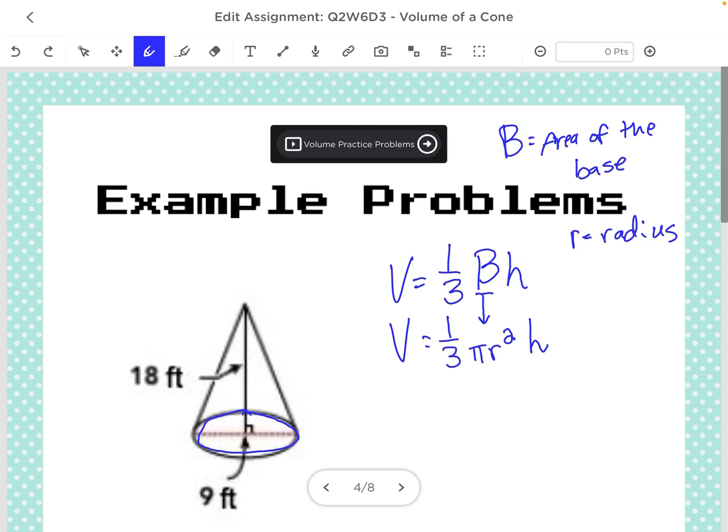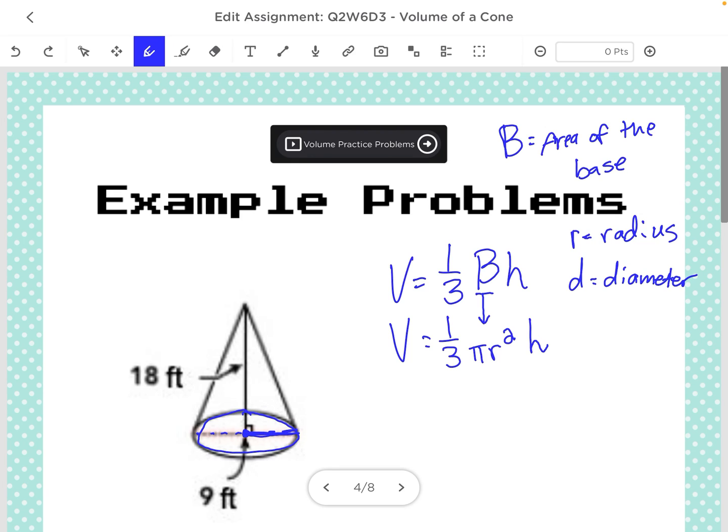In this example here, we have the diameter. Okay, the diameter goes all the way across, but we just want that half.